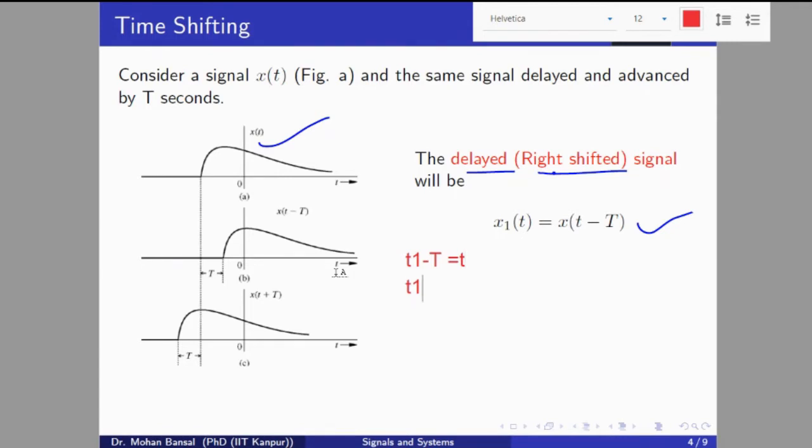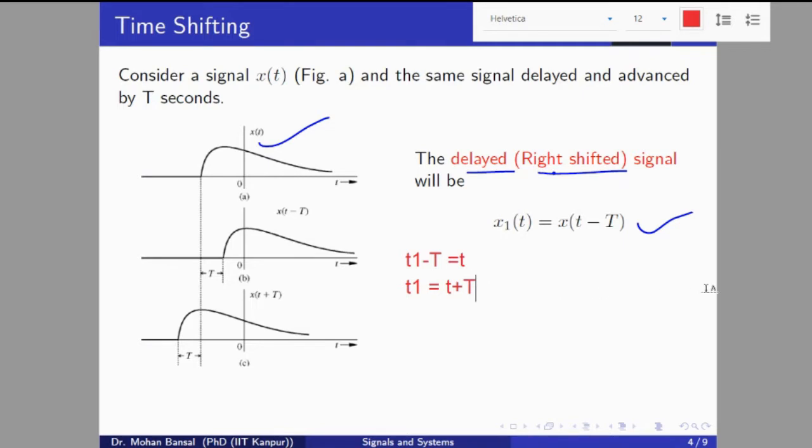So t1 will be equal to t + T. Now, whatever value you have at t = 0, you will plot the same value at t1 = T. Whatever value you had at t = T, that value you will get at t1 = 2T. Whatever value you had at t = -T, you will get the same value at t1 = 0. So this is shifting to the right, correct?